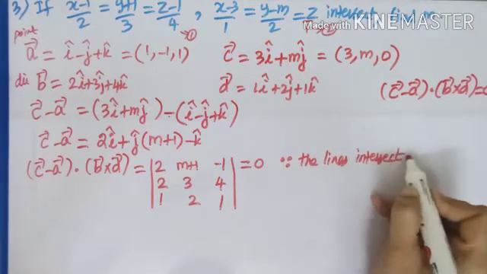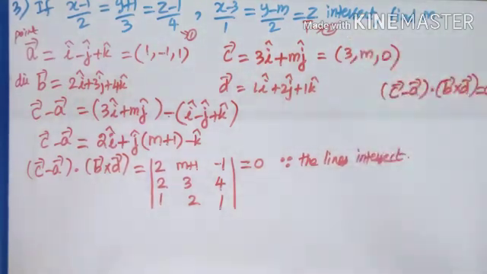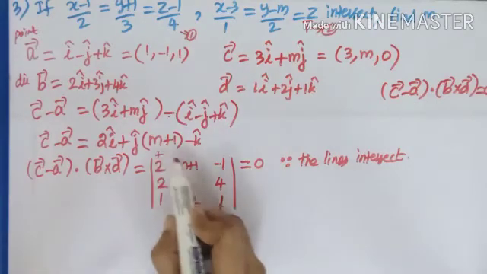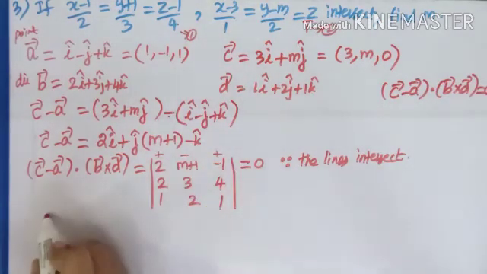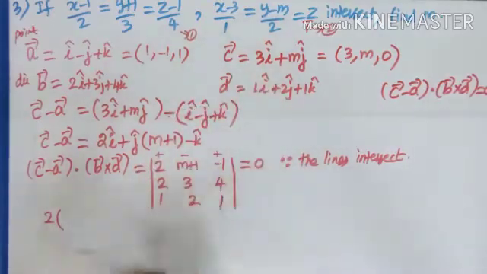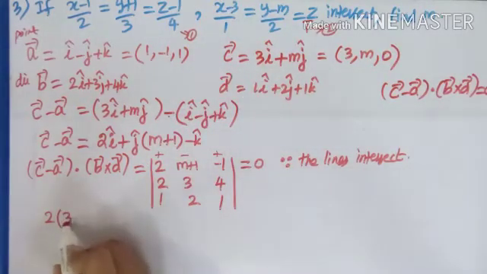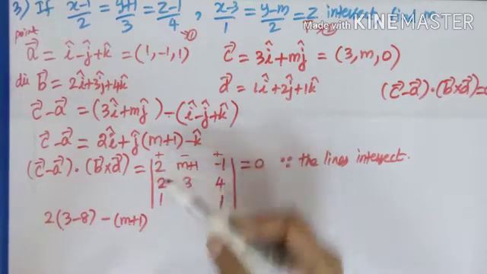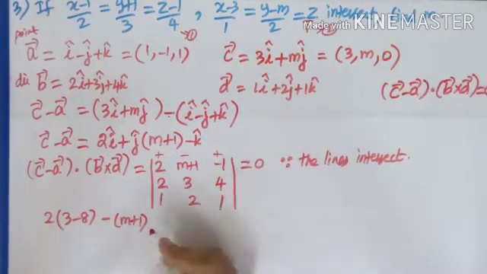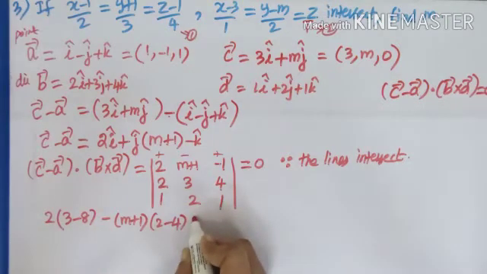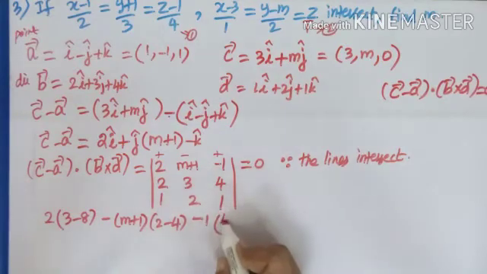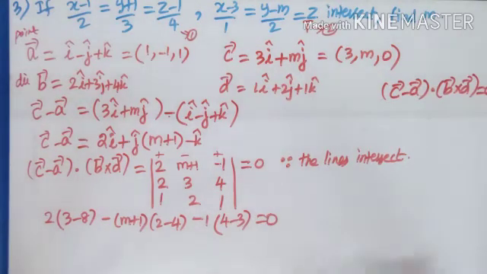Is the idea clear? Whenever they give you the lines intersect, the triple product is equal to 0. Expanding now, the symbols are plus, minus, plus. 2 into, hide the row and column, 3 minus 8, minus m plus 1 into, hide the row and column, 2 minus 4, minus 1 into, again hide the row and column, 4 minus 3 equals to 0.